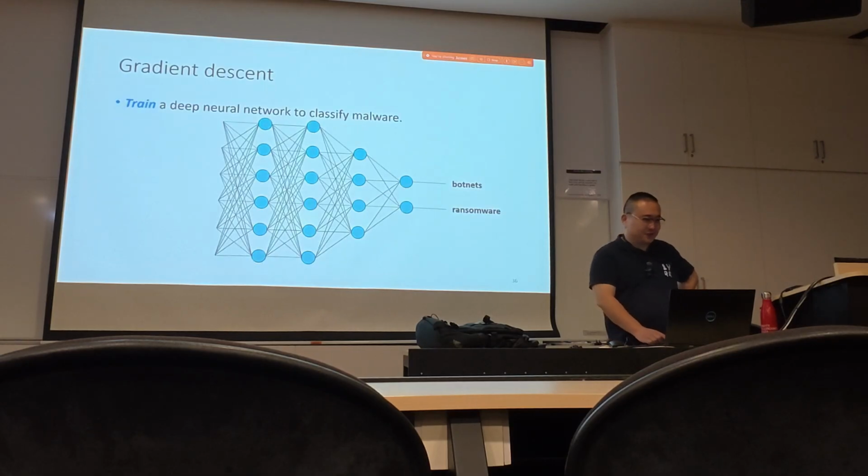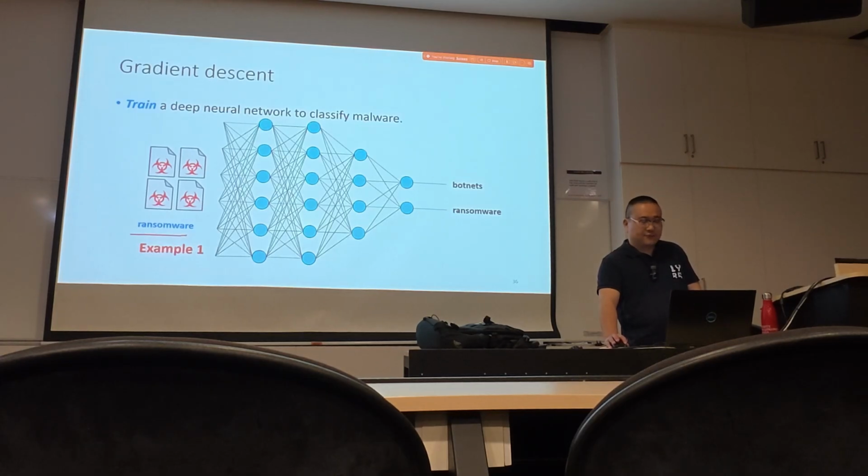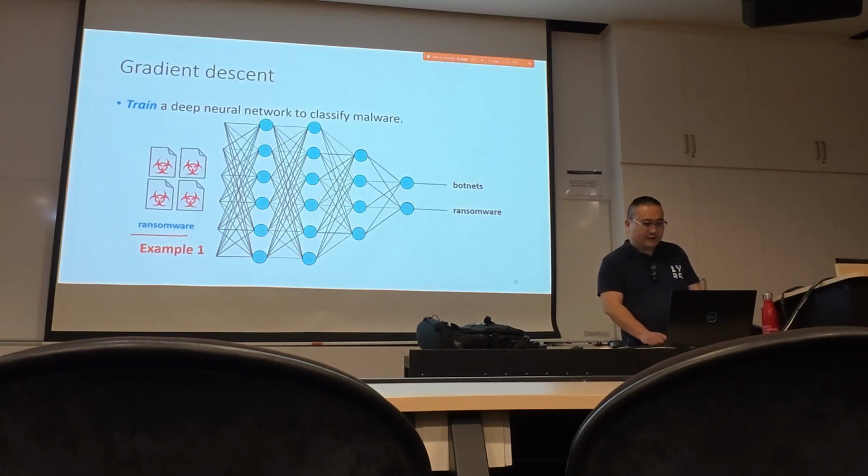Here's an illustration of applying gradient descent for deep learning models. When we train a deep learning model, we are given the input. This is an example for malware classification. We are given binary software, we extract features, and then input the features to the model. The model gives an output, we calculate the loss function, calculate the gradient, and update the parameters.